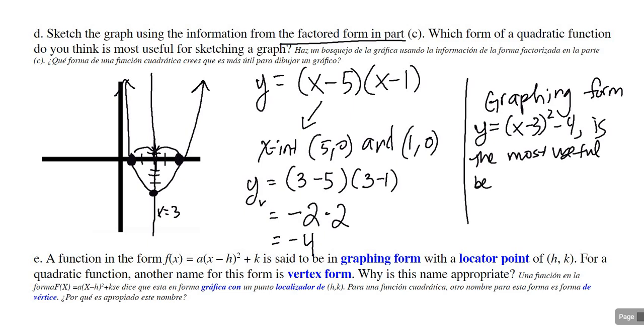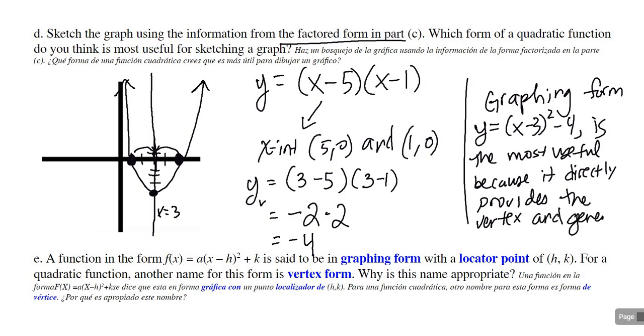Because it directly provides the vertex and general shape of the parabola.